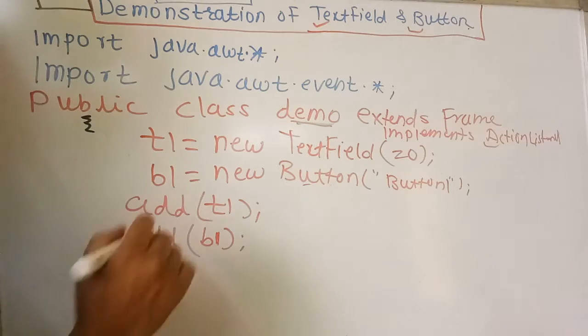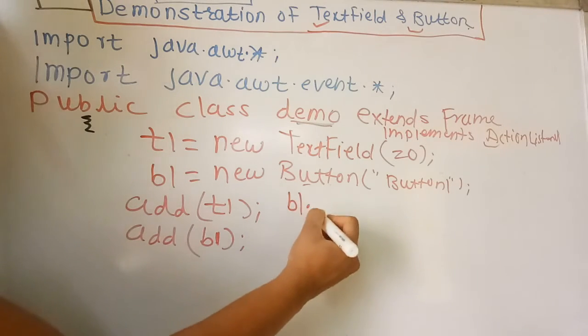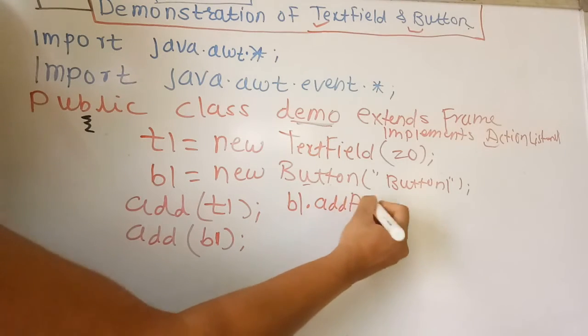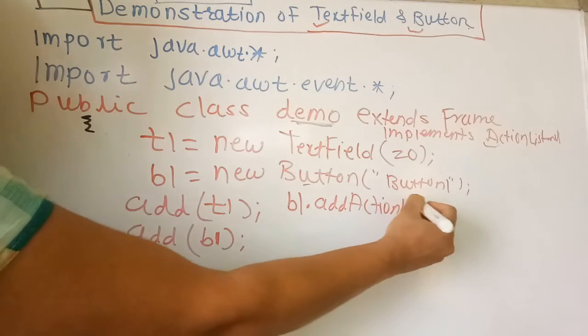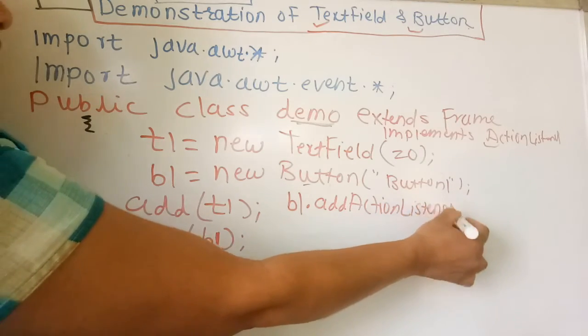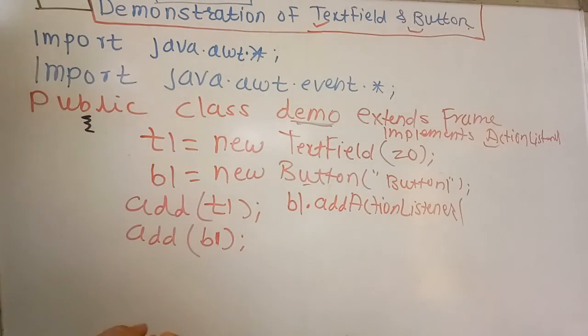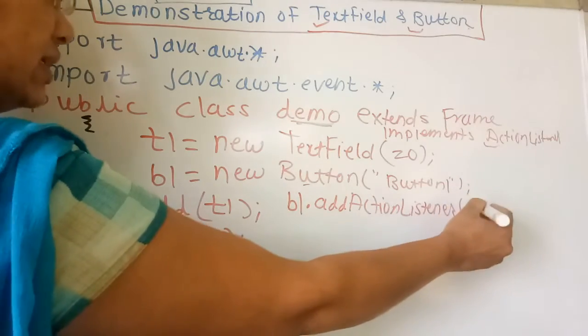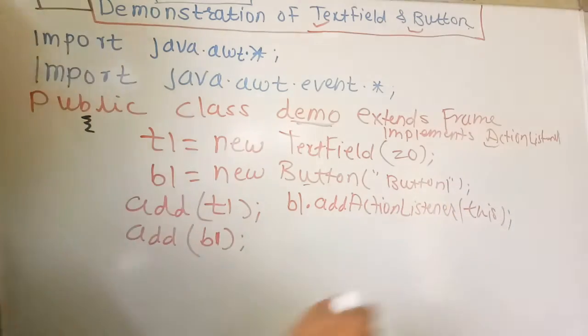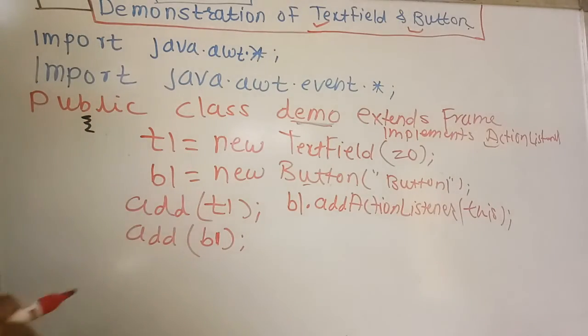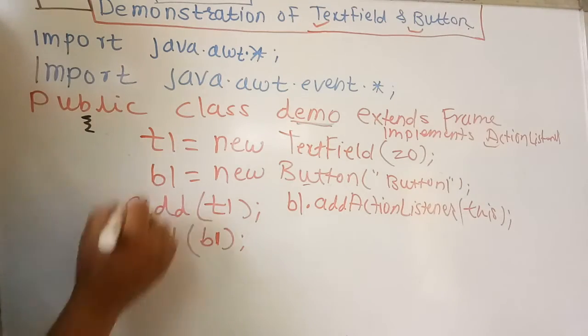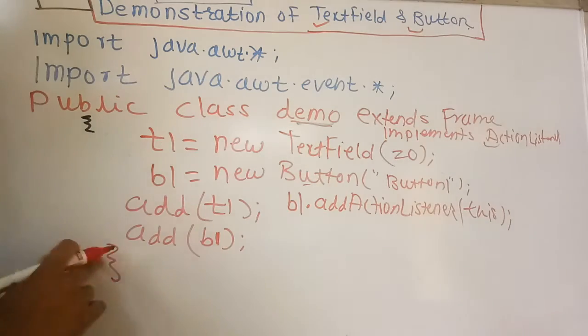So we can add the method like b1.addActionListener, and in brackets we have to pass, compulsorily, this. Then we will complete this constructor we created before.